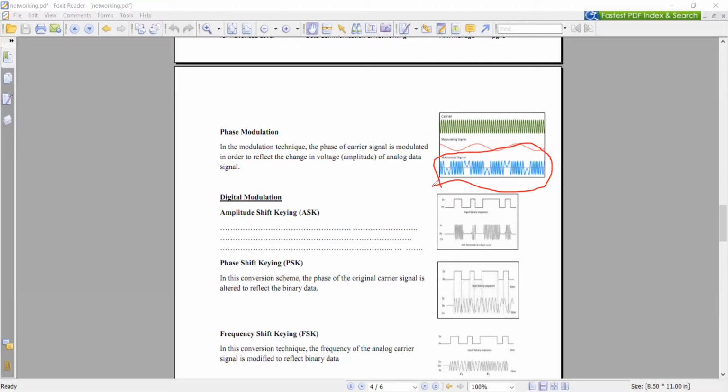So that is called phase modulation. That means frequency and amplitude are not changed. We don't change those two. So in this modulation technique, the phase of the carrier signal is modulated in order to reflect the change in voltage amplitude of the analog data signal, right? Okay, then we'll go to the digital modulation.